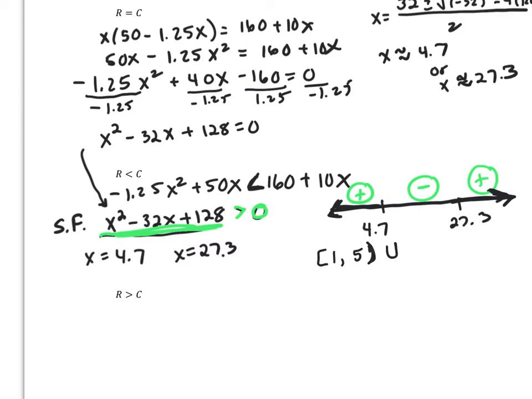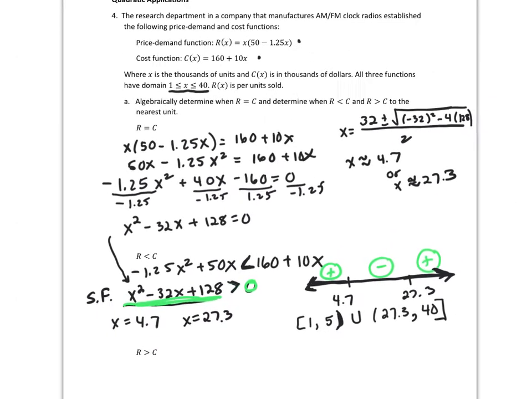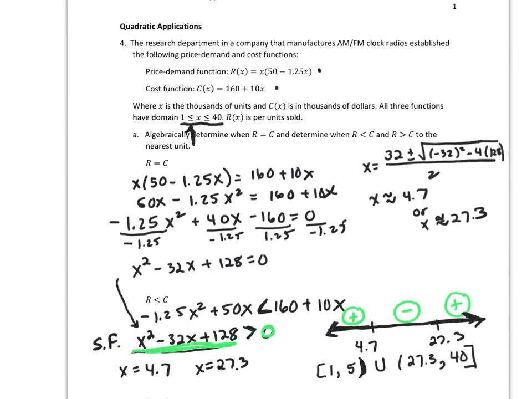This is a parenthesis because it's greater than, not greater than or equal to. Union, this top part, 27.3, it's only going to go up to 40 because of the domain. Now I'm putting brackets on the 40 and the 1 because, look, you've got less than or equal to, less than or equal to.